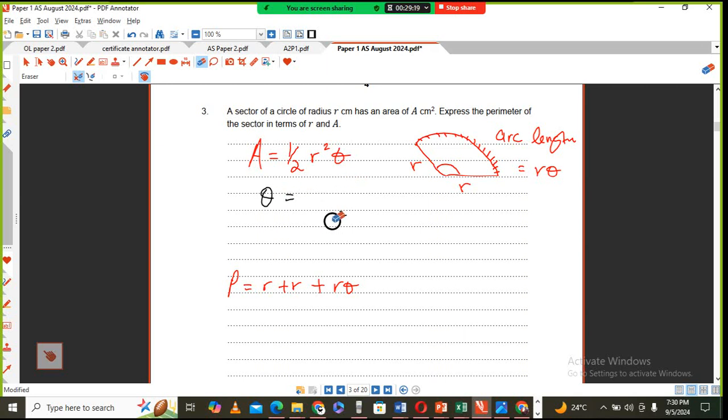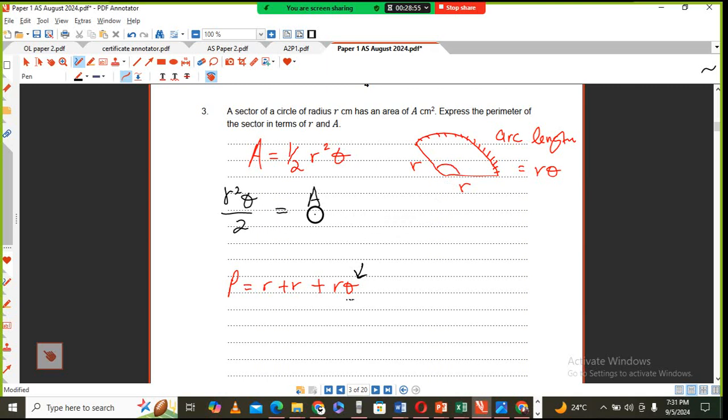Let me just rewrite and then you can follow, okay? So it's going to be r squared theta over 2. That's what this means. It is equal to A. The objective is to get theta alone because I need to substitute that angle here, because I don't have it there. You follow? They didn't say this angle is theta.